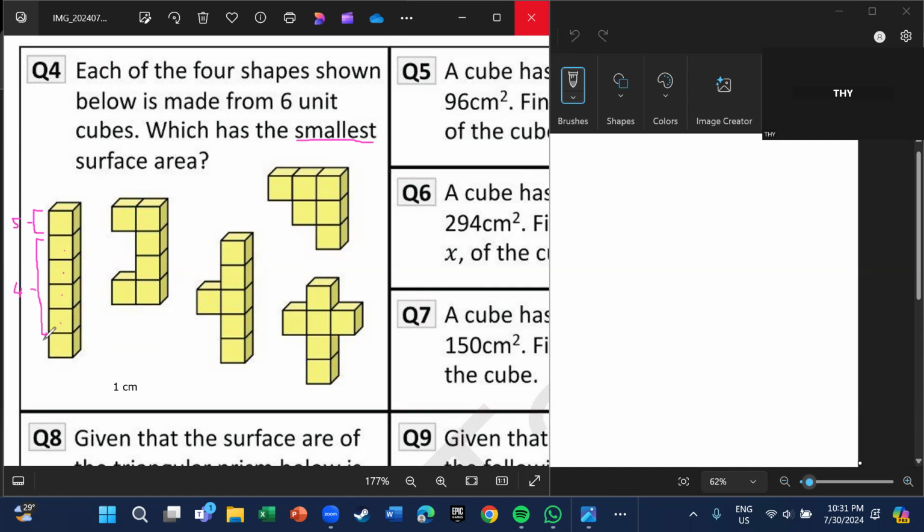And the last one here, similar to the top one, has 5 faces. So this will be 4 times 5 plus another 5, and this will give us 26 centimeters square.